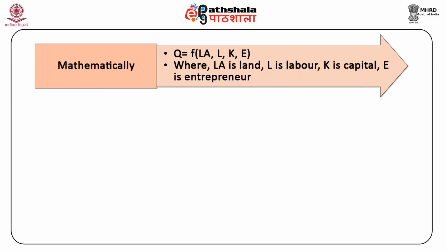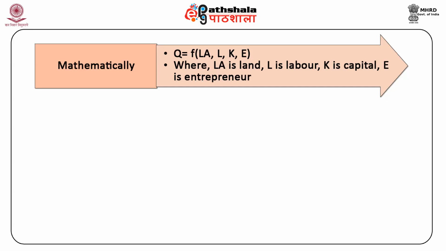Mathematically, Q = F(LA, L, K, E). This is known as the production function, where LA is land, L is labor, K is capital and E is entrepreneur.